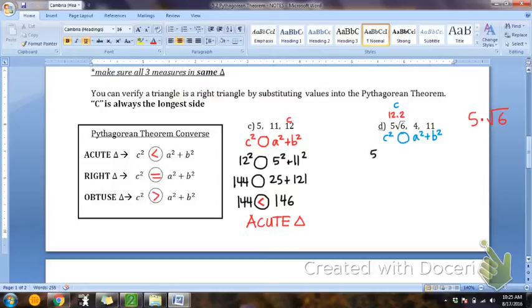Okay, so then I have 5 radical 6 squared, 4 squared plus 11 squared. Go ahead and take care of the right side of the problem with your calculator.